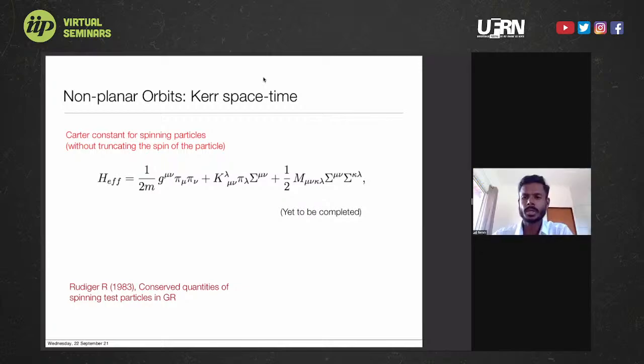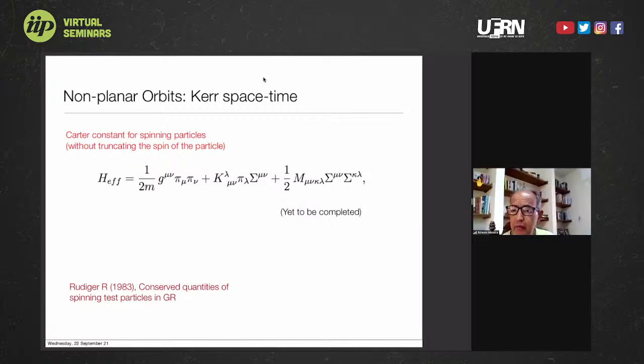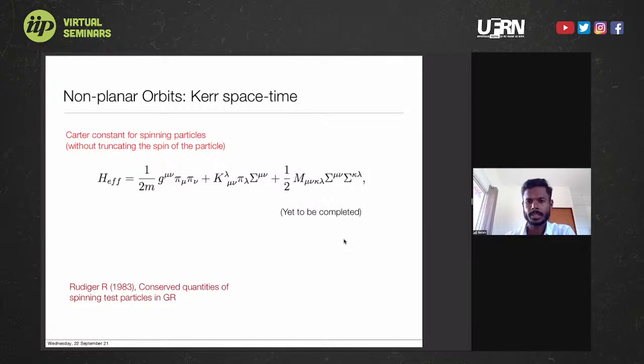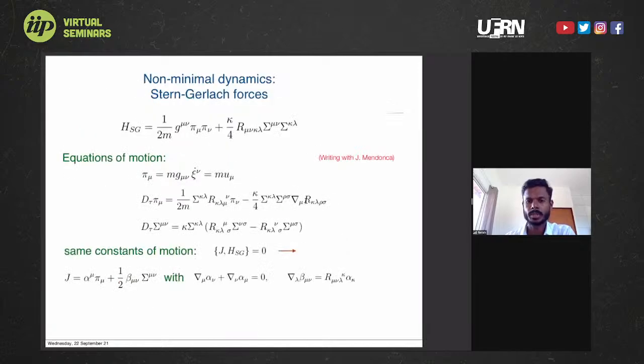No, I think it's not a problem. It does not violate any principle, actually. But you mentioned something about non-minimal coupling, in the sense that you have coupling with curvature. Yes, that's right. I think you're talking about this equation. Yes, this one.